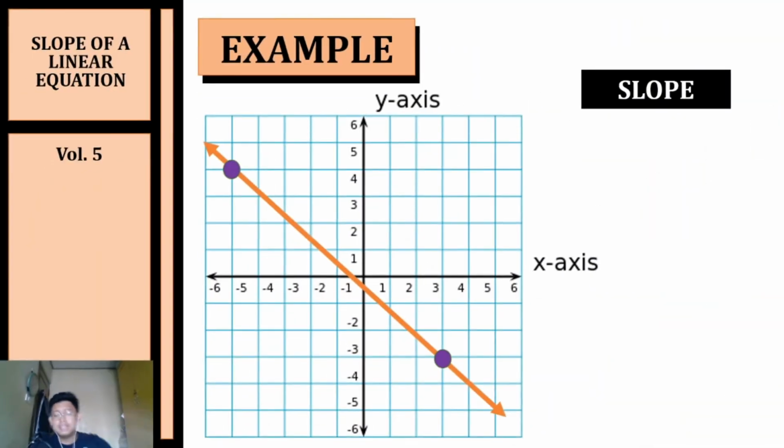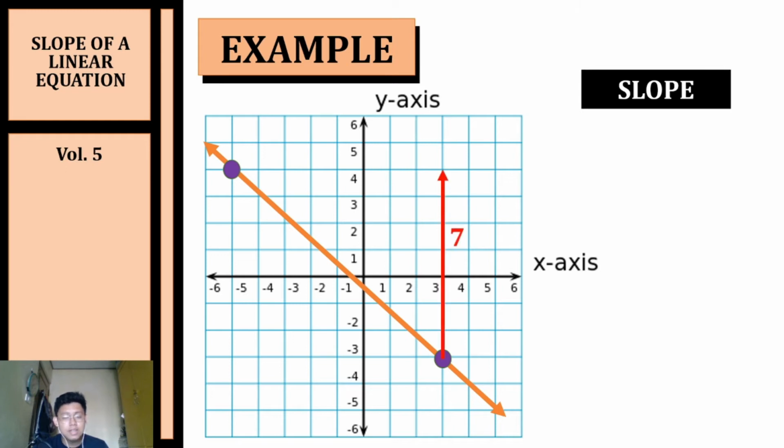Let's have another example. We have this graph and we need to get the slope of this line. Let's identify the lowest point in our graph, and count the number of units we move up and to the left or right, depending on the direction going to the next point. From the first point, let's count the number of units going up.